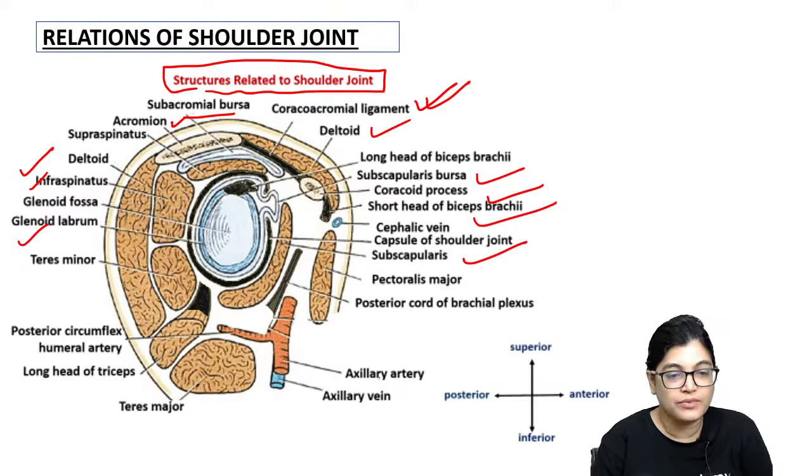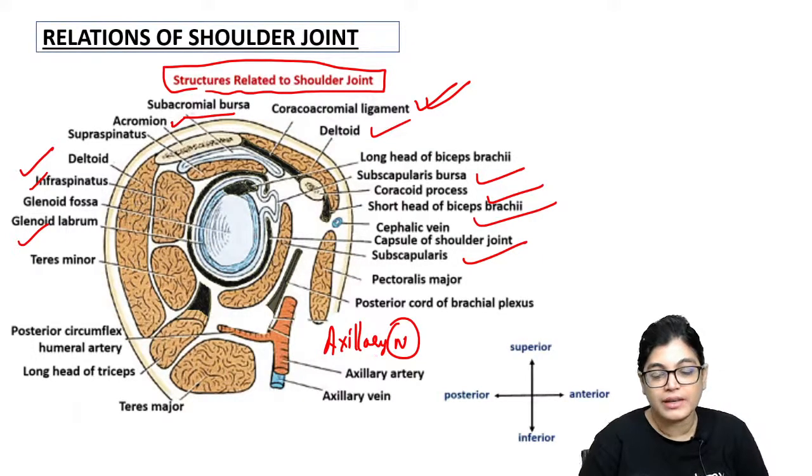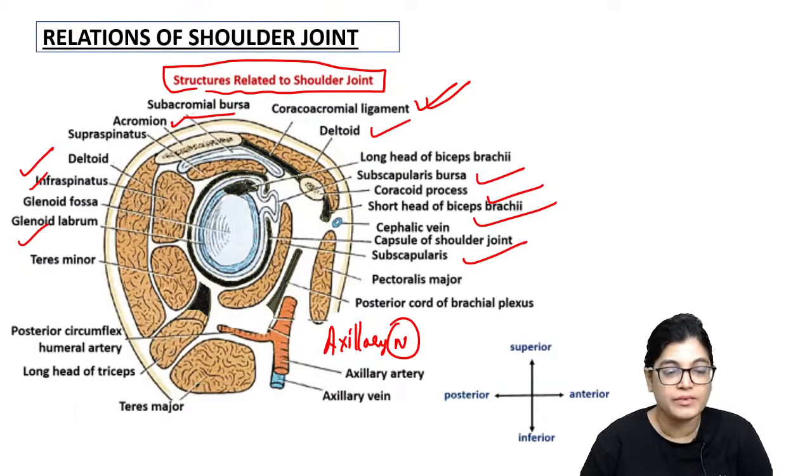When we see the inferior relation, inferiorly it will have the axillary nerve lying here, and also the posterior circumflex humeral vessels. The axillary nerve and posterior circumflex humeral vessels lie on the inferior aspect.